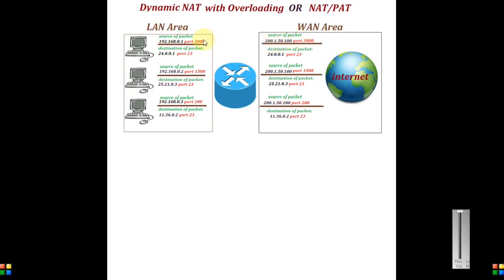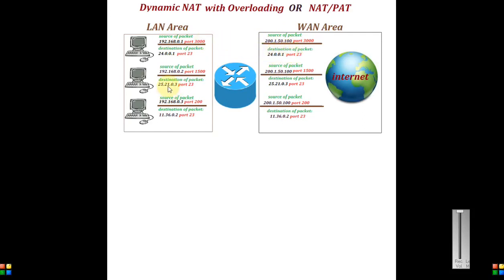You can see the source of the packet is 192.168.0.1, but when it moves towards the serial interface of the router which is connected to the internet, which has the public IP address 200.1.50.100, that becomes the source of the packet and the destination remains the same.